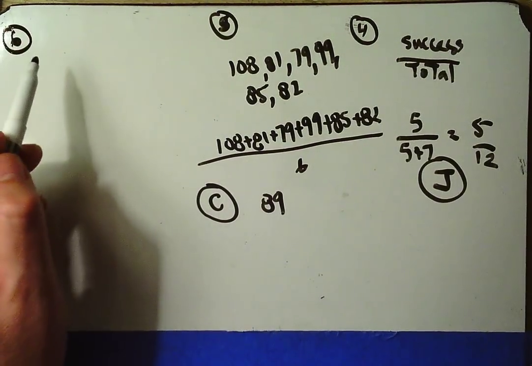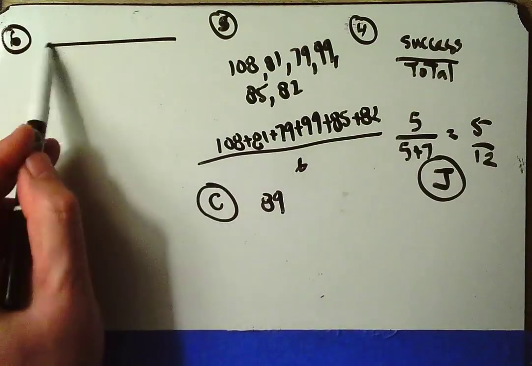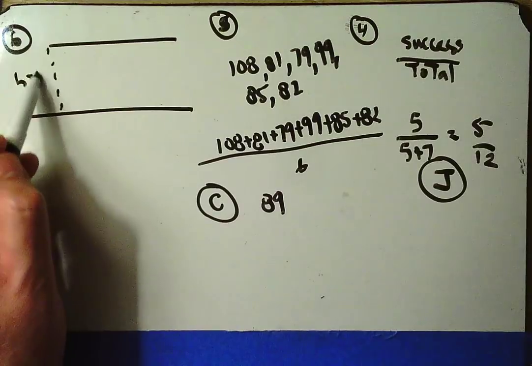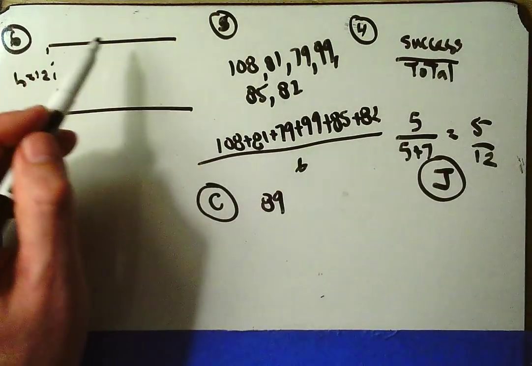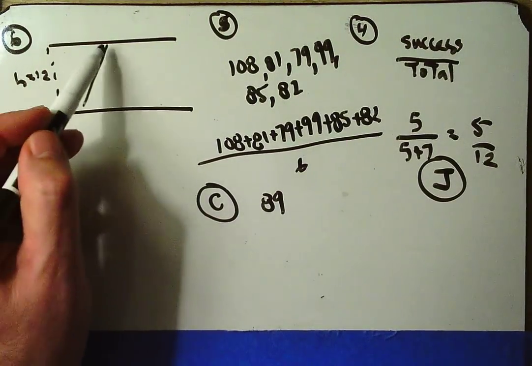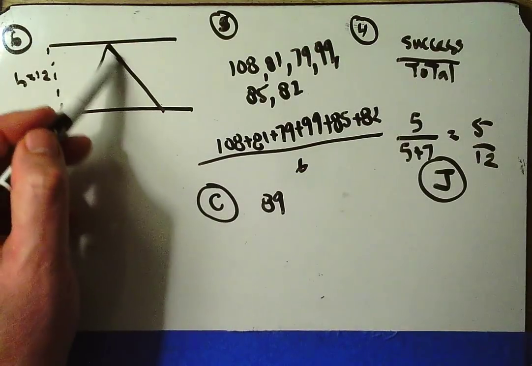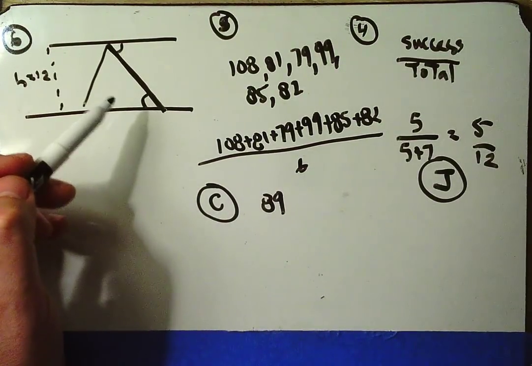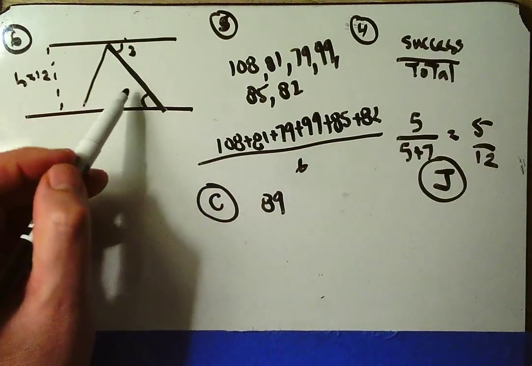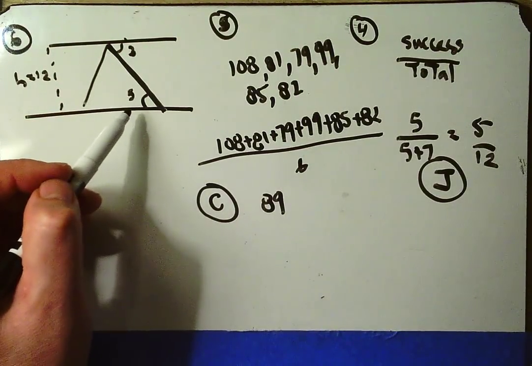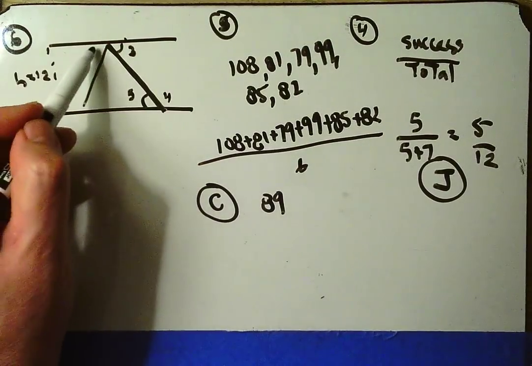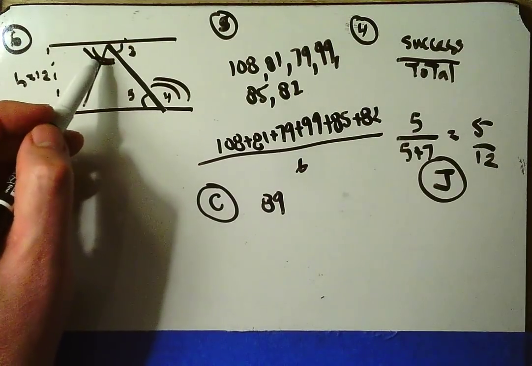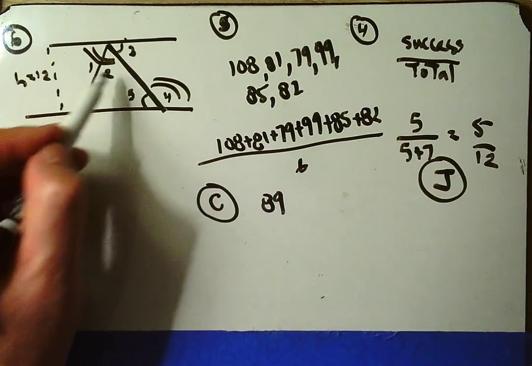Okay, number 6. 6, we've got some parallel lines. We've got H equals 12. We remember that parallel lines cut by a transversal means these alternate interior angles are congruent. So 3 is congruent to 5, and 4 must equal 1 plus 2.